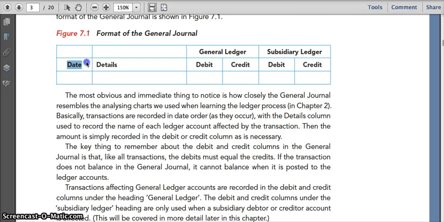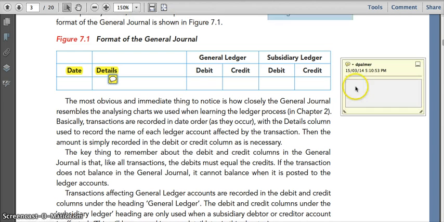We've just got date, details, which is basically we just write, in the details section, the name of the general ledger account affected. Which is obviously not a particularly difficult task.